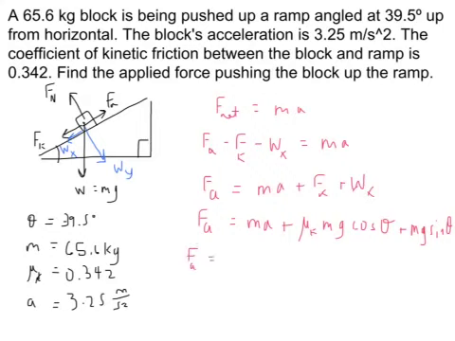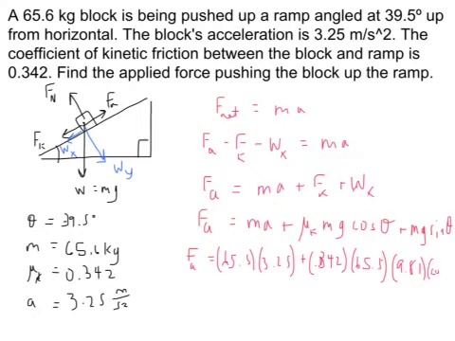So the applied force you can find by plugging in 65.5 times 3.25 plus 0.342. Again, we have another mass term, 65.5, 9.81, cos 39.5.